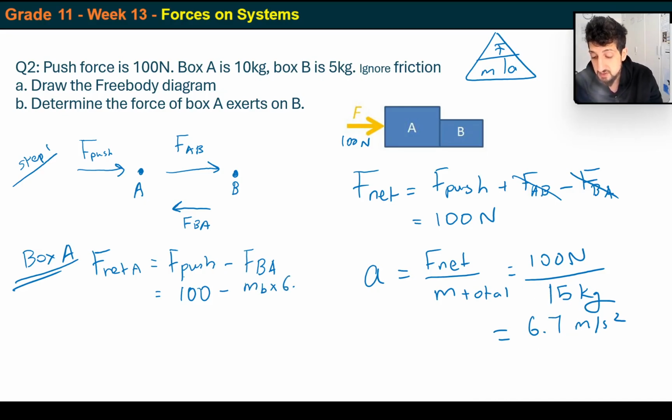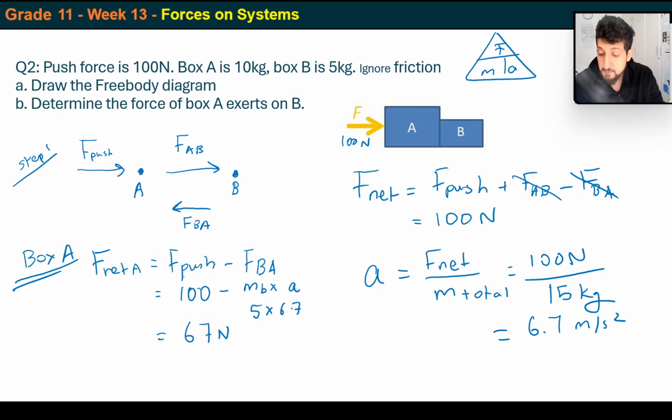It's going to be 5 kilograms multiplied by 6.7, which is the acceleration. So that's going to give me 100 minus, it should be about 67.